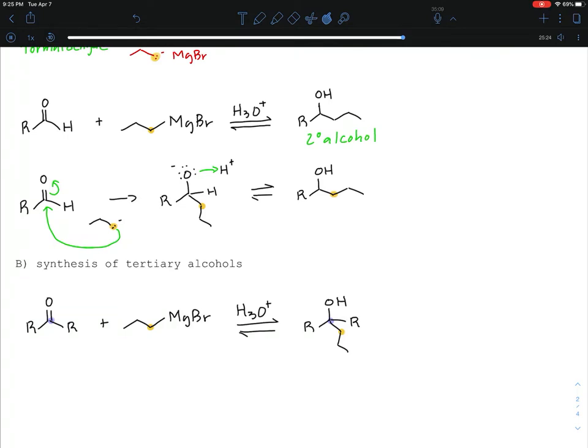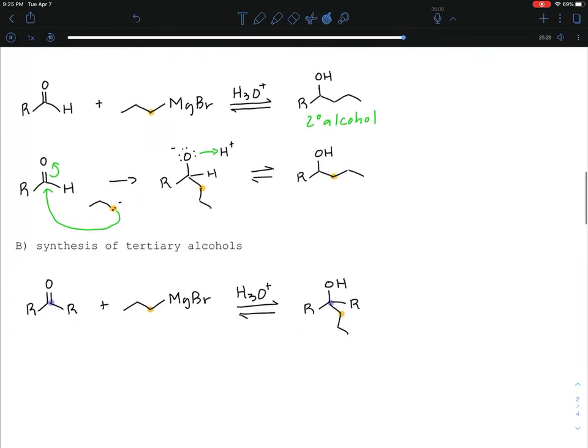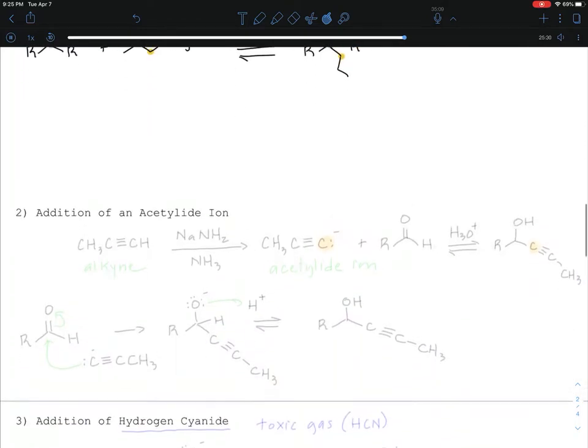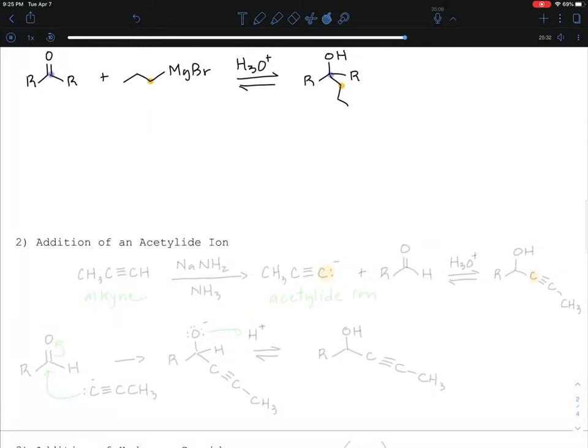All right. We've got another example of a carbon nucleophile down here in the acetylide ion. So remember way back in chapter 3, I think, when we covered alkenes and alkynes, we talked about creating the acetylide ion. We need a nice strong base and an alkyne. So let's just draw one of those. We'll make our acetylide ion so that we all remember what we're talking about here.